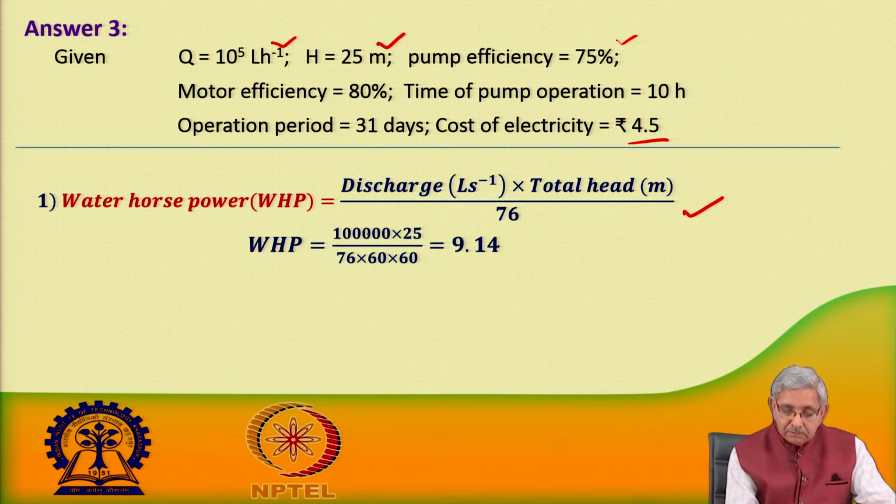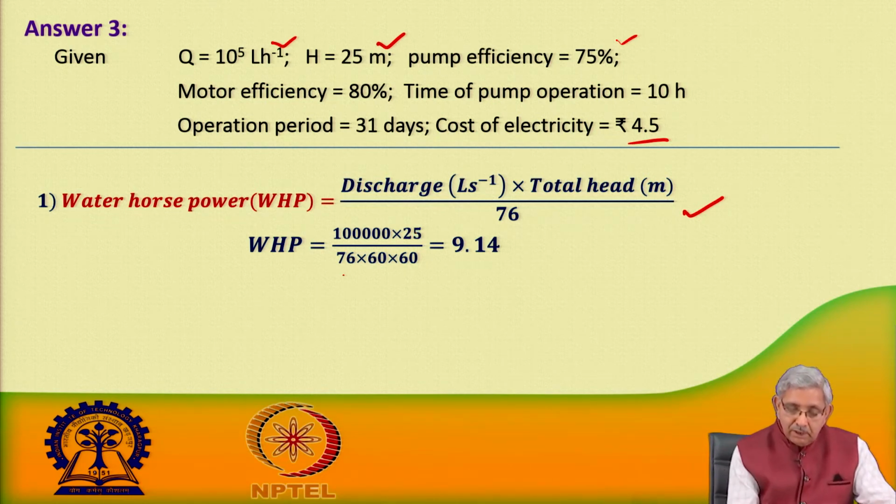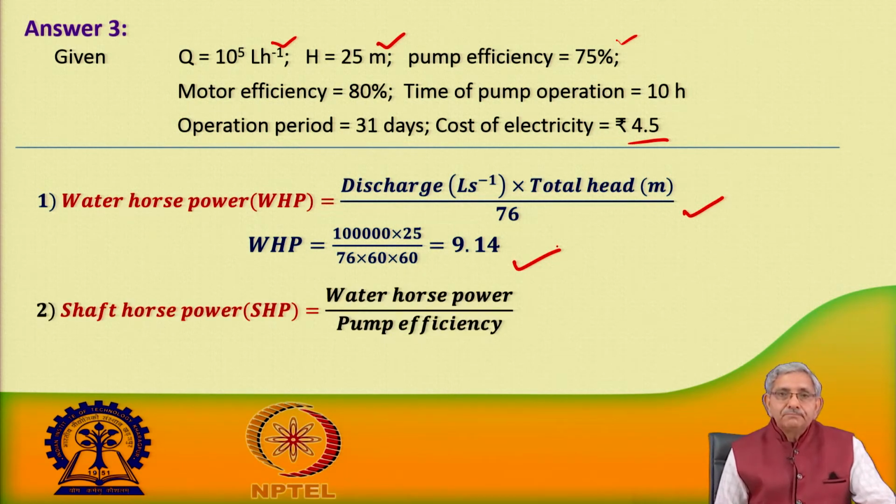Then 25 meters is given as the head. Substituting these values gives the WHP, which comes to 9.14 as water horsepower.